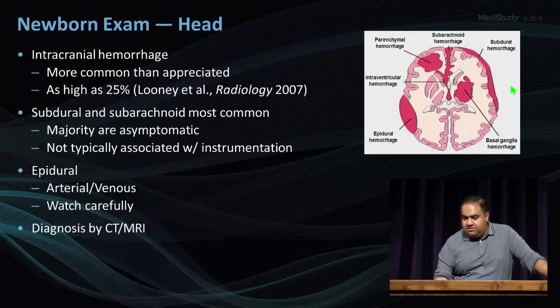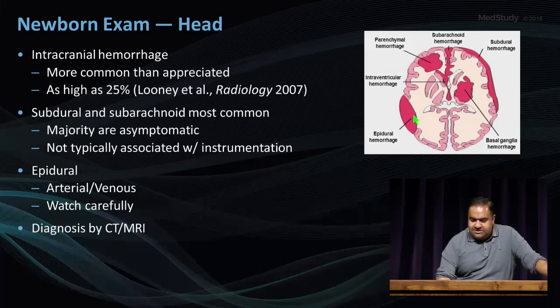You can see where those are located. Here's subdural hemorrhages out here, subarachnoids through here, and parenchymal bleeding within the brain space, those are bad. The intraventricular, here's your lateral ventricles. Intraventricular hemorrhage is more common in premature infants, less than 30 weeks gestation. And then epidural hemorrhages, these can be arterial or venous, and you need to watch these. These are all diagnosed by CT or MRI.